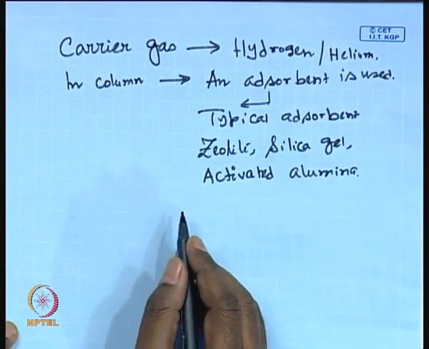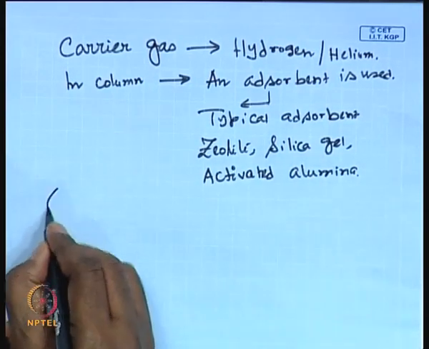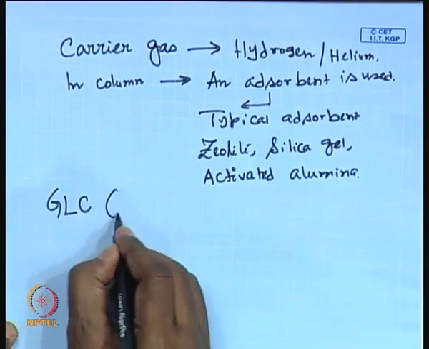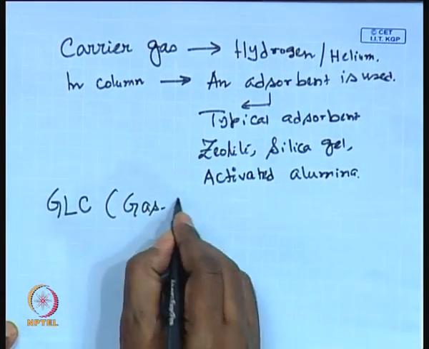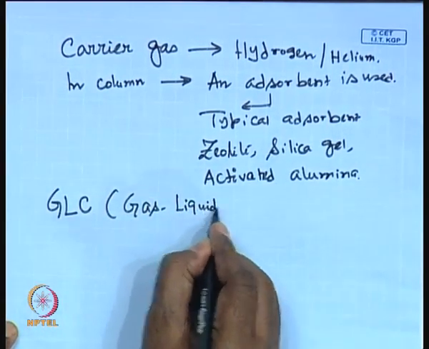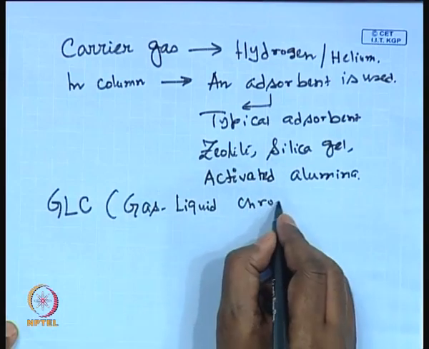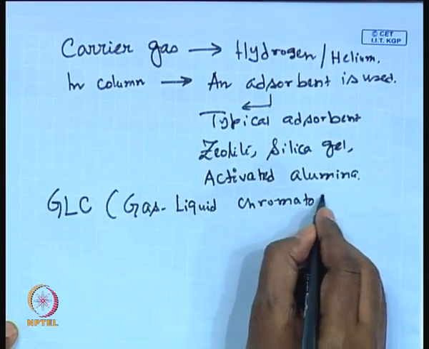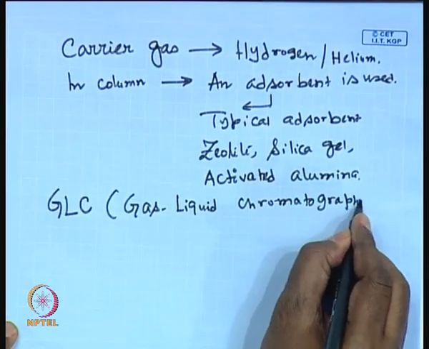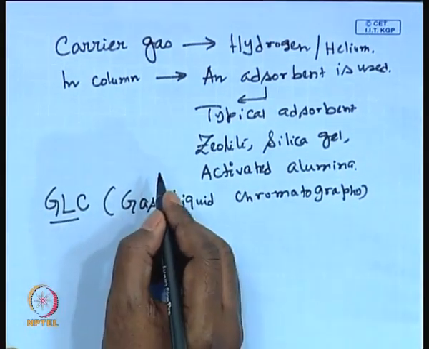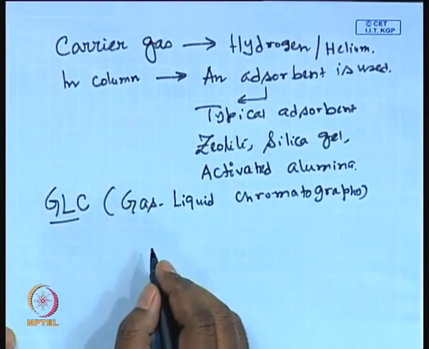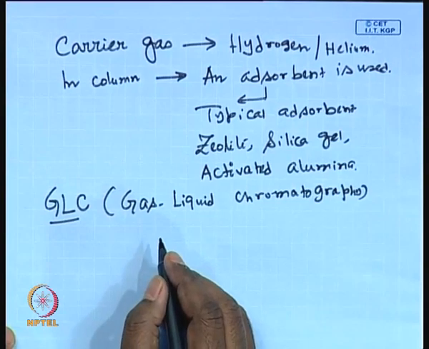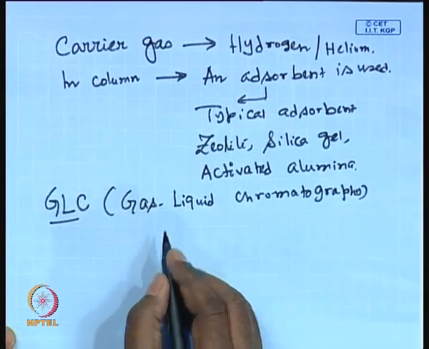Okay. Let us look into gas liquid chromatography, GLC. GLC is nothing but gas liquid chromatography. In gas liquid chromatography, an inert porous solid is coated with a viscous high boiling liquid.